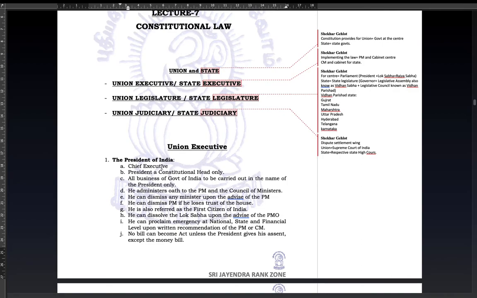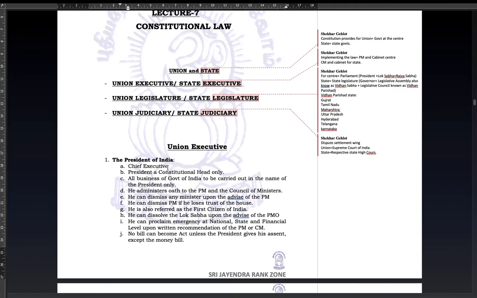The president is the chief executive of India, but only theoretically. Practically, only the PM and cabinet or the CM and cabinet are the real executive. They have the power to execute the law. The president of India is only a constitutional head. He does not have much executive power.